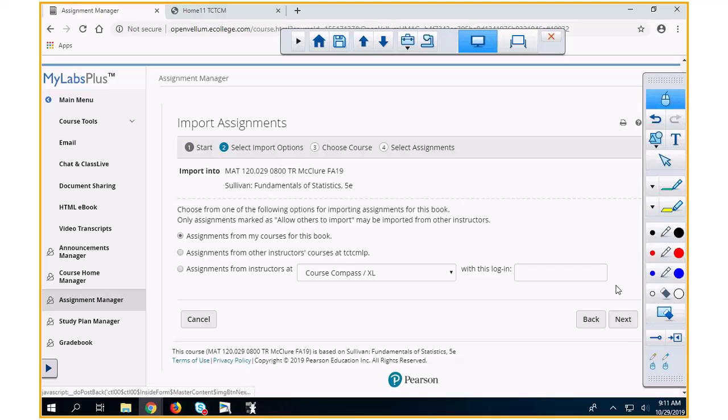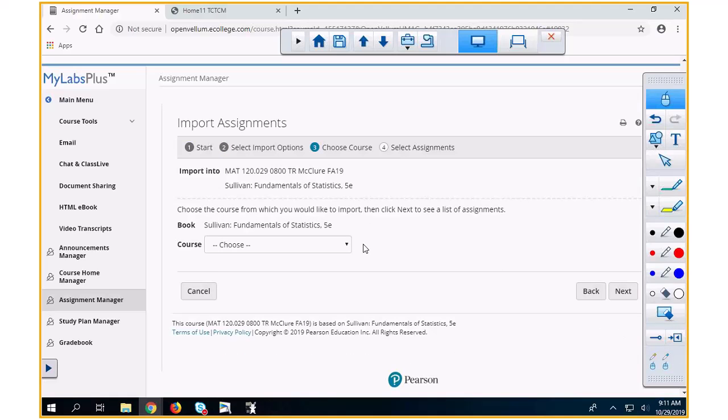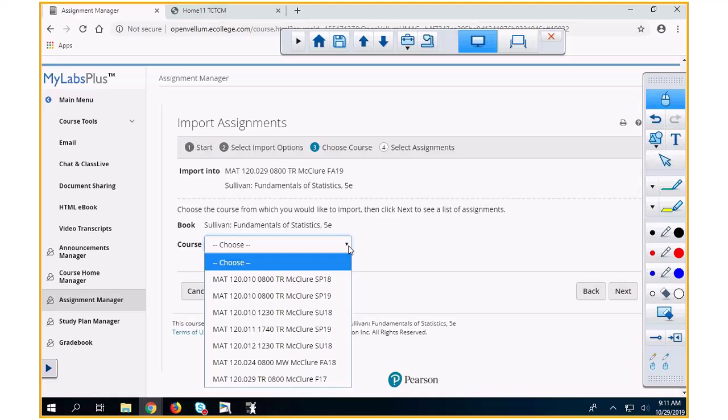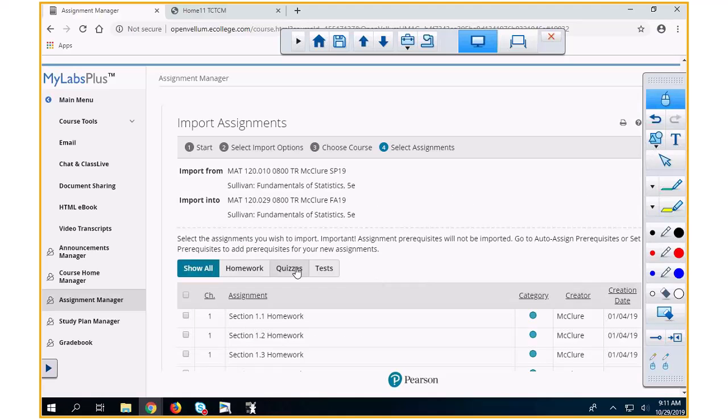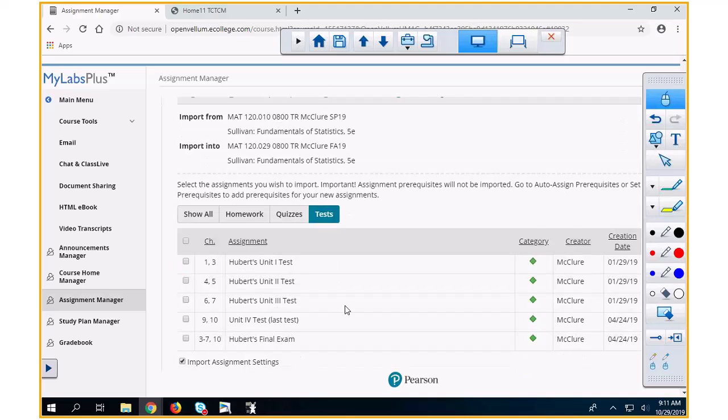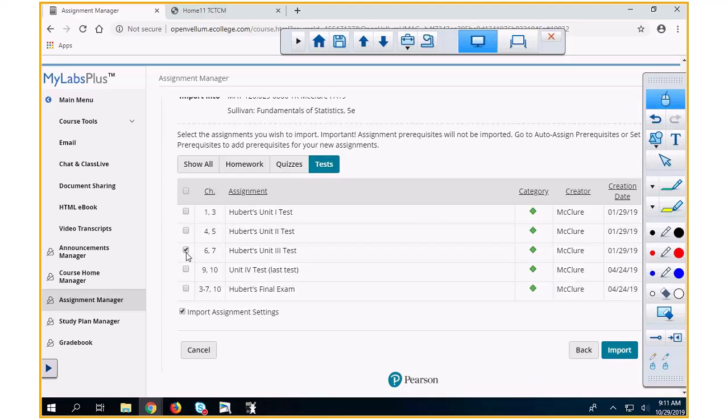Import, next. We're in unit 3, I think. No, I'm not talking about that. Spring, we're in fall 19, so spring 19. And test, unit 3 test, 6 and 7, right?